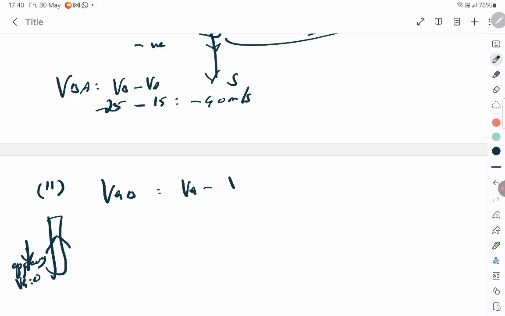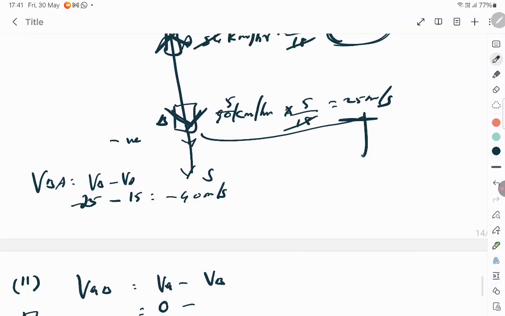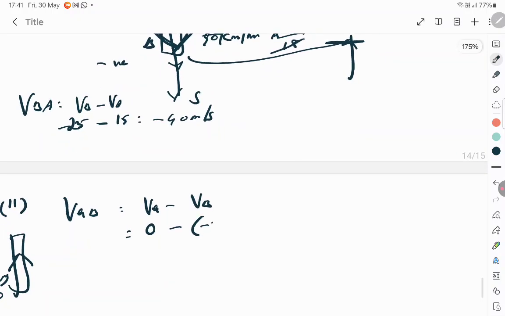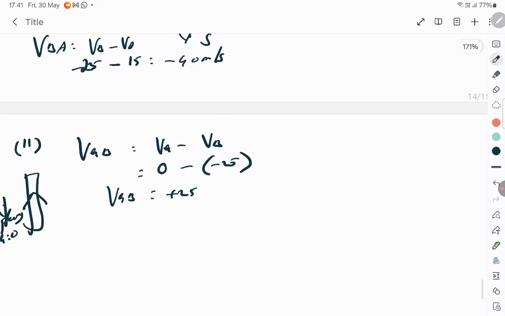So it's Vg minus Vb, where Vg is always zero. The relative velocity of the ground with respect to B: B car's velocity is minus 25, so minus 25 will give me plus 25, and that will be the relative velocity of ground with respect to B. So that's plus 25 meter per second.